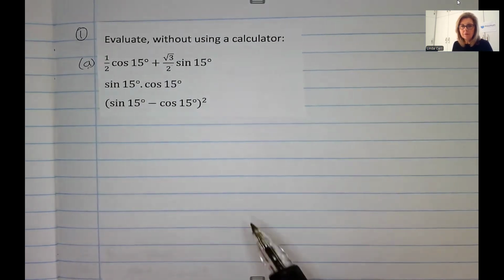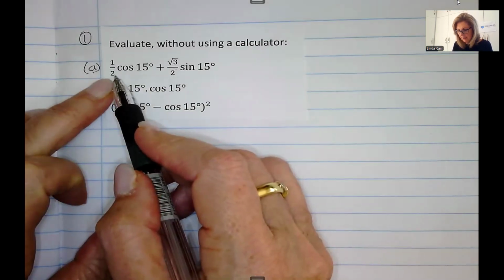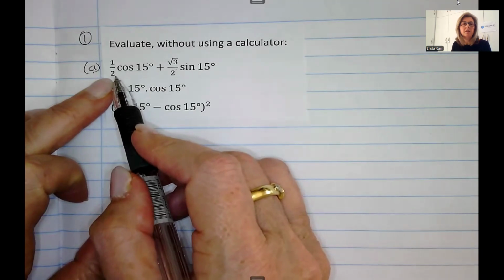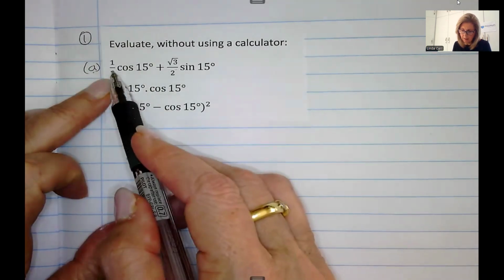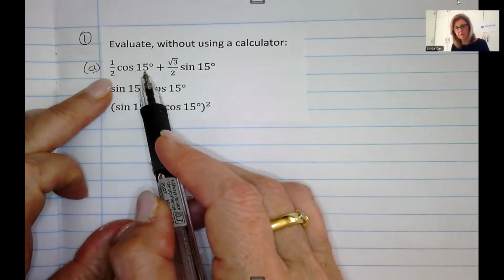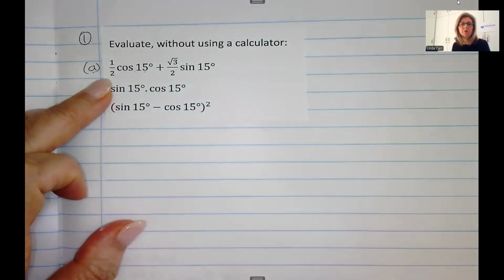So if I were to say a half is either cos of 60 or sine of 30, then I would have, let's say, sine of 30. So it'll be sine 30 cos 15. And then root 3 over 2 is actually cos 30.